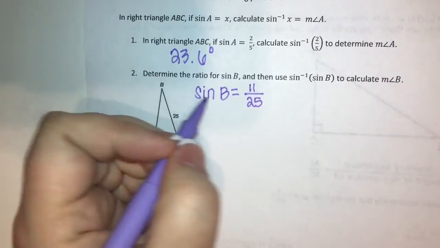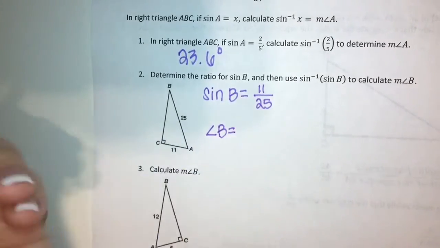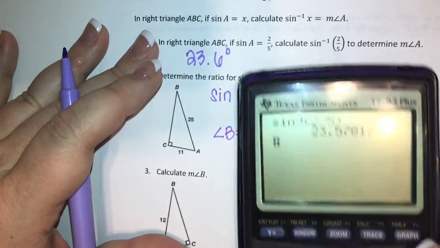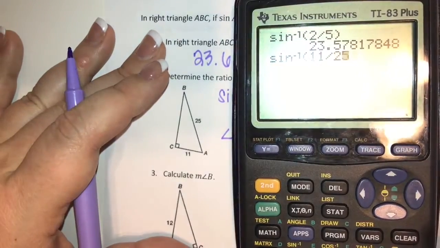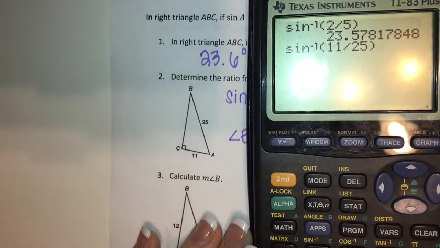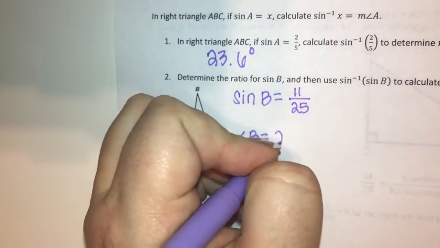So when I do the inverse sine, I get angle B equals the inverse sine of 11 over 25. So again, inverse sine 11 over 25, and we get 26.1 degrees.